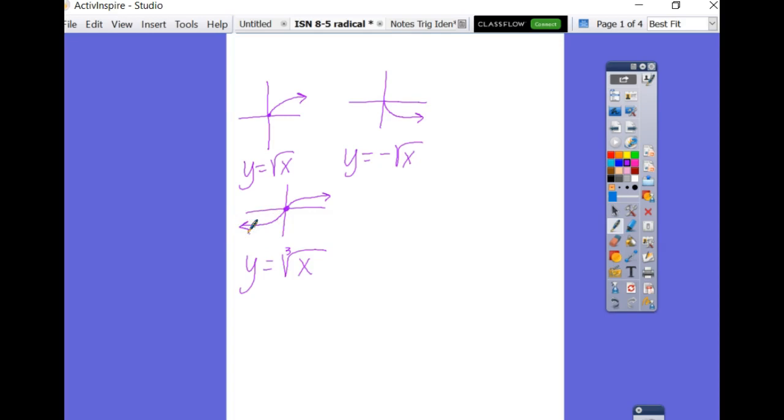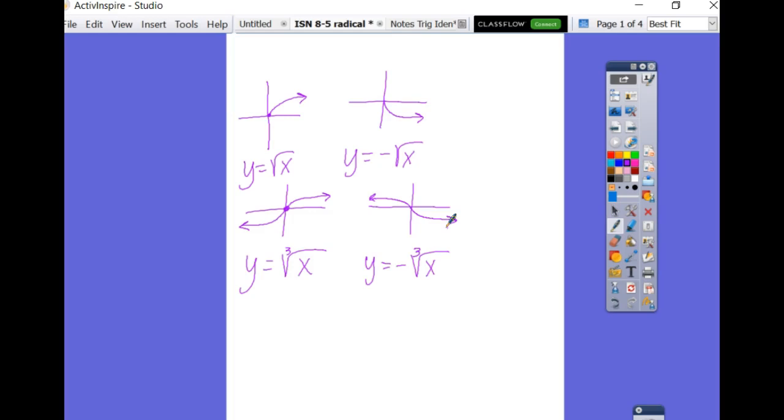So it's a square root with the extra part. So if I wanted a negative cube root, what would happen to this? So it would look like that, right? And if I'm going to move it in the x direction, that would go underneath the cube root. And if I move it in the y direction, that stays outside.